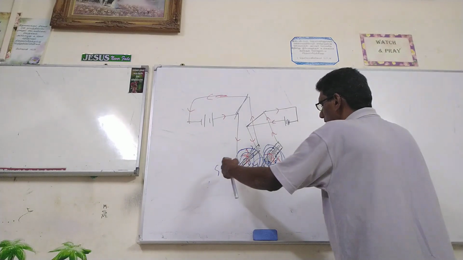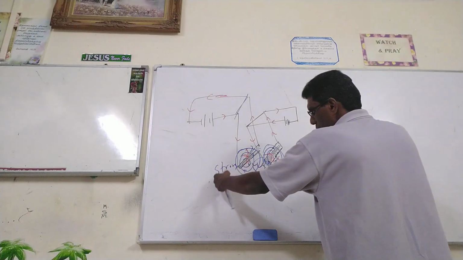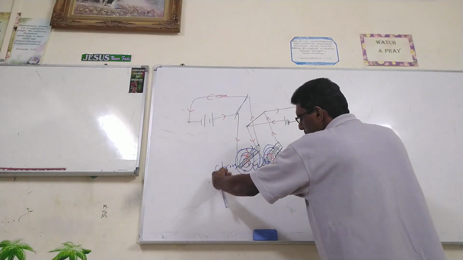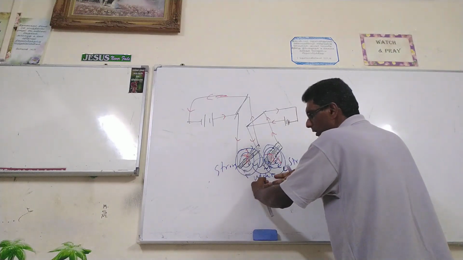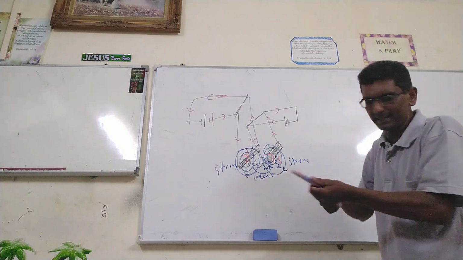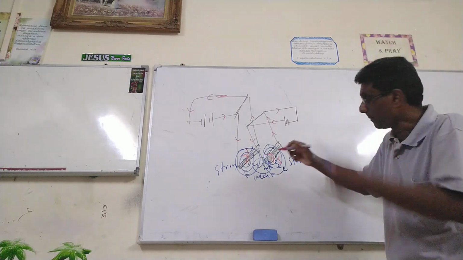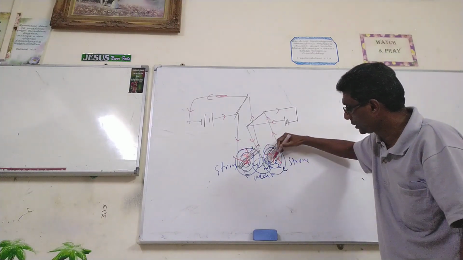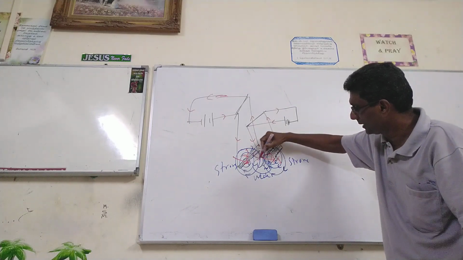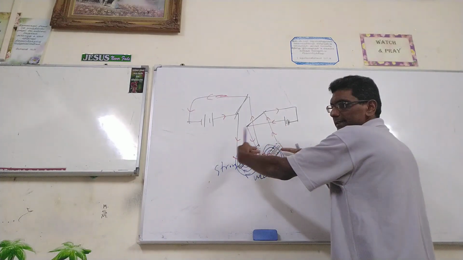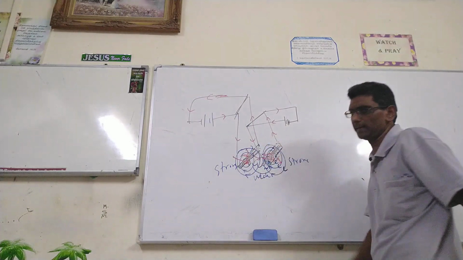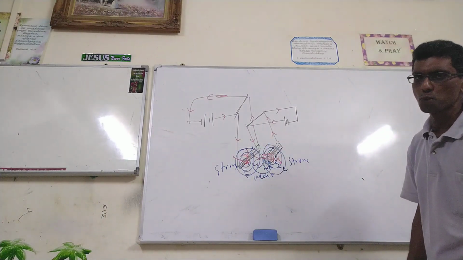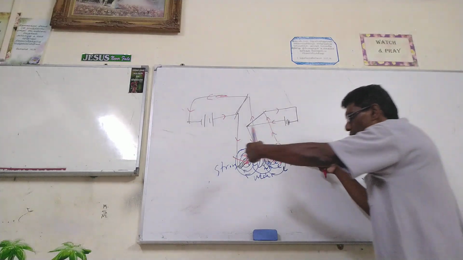So the stronger field pushes towards the weak portion. This magnetic push is causing these two rods to pull towards each other.